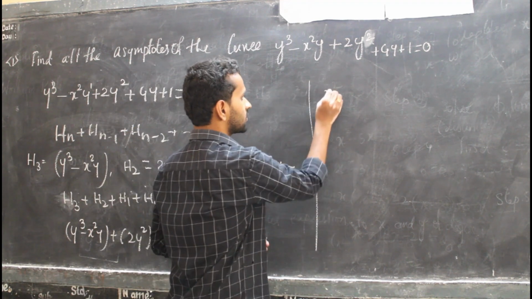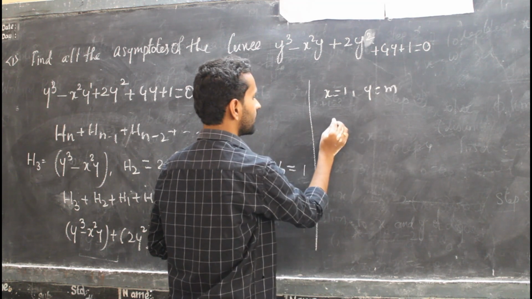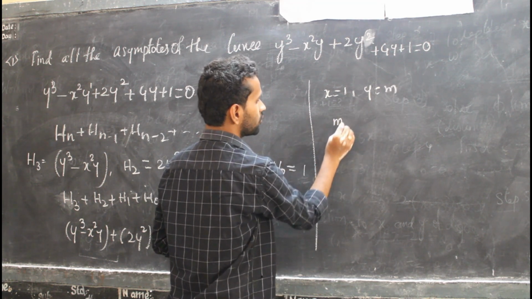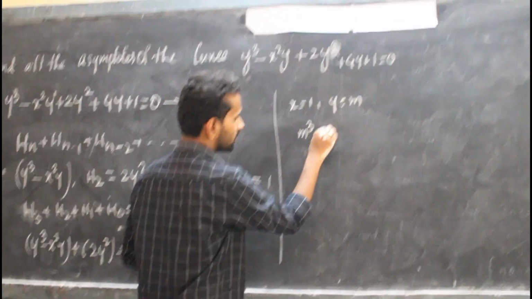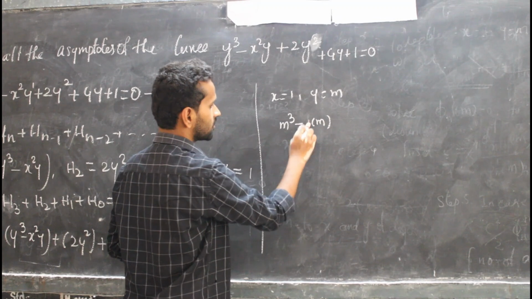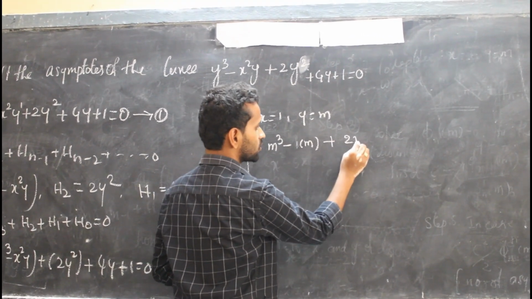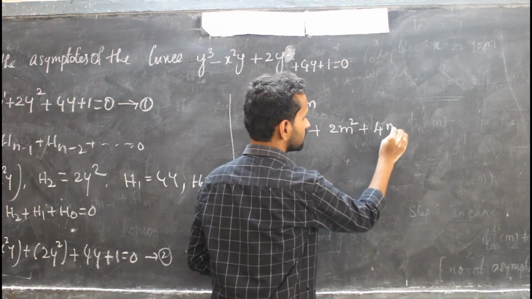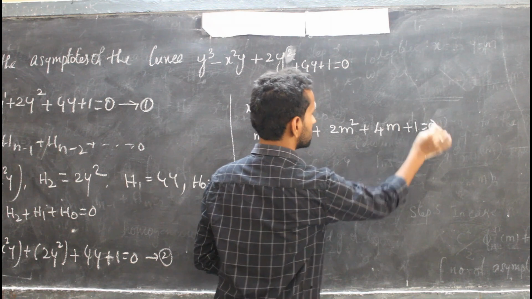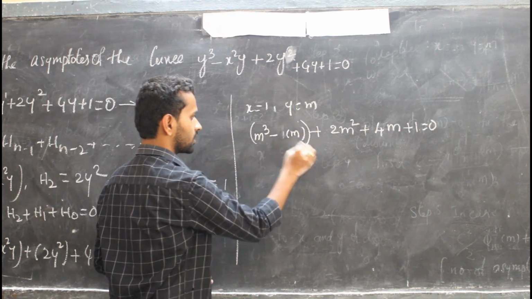So what will I be getting? m cube minus 1 into m, that becomes m cube minus m, plus 2m square, plus 4 into m, plus 1 equal to 0. Is it clear? So these are the things we got.